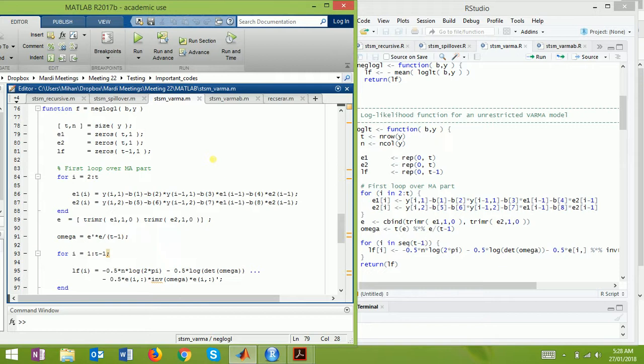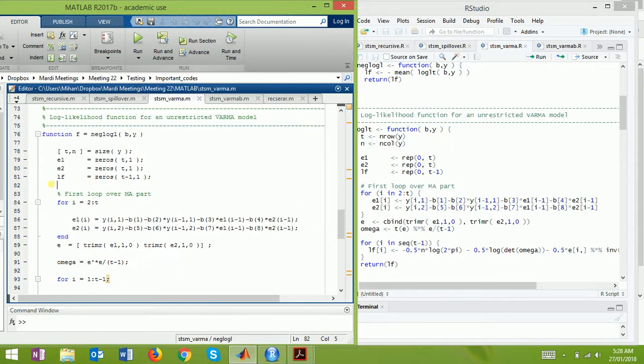So we have to store the data that the loop will generate with simulation. So e1 is zeros, t rows 1 column, e2 is zeros, t rows 1 column. The log likelihood function on the other hand is zeros, t minus 1 rows 1 column, because the log likelihood function is considering the lags here.